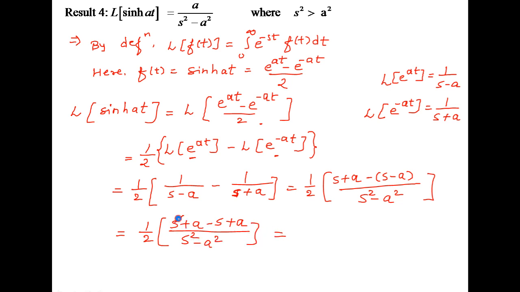Now here plus s minus s get cancelled. What is remaining? 1 by 2 in bracket 2a upon s square minus a square. And now 2 get cancelled. So the remaining term is a upon s square minus a square. That is our required result.